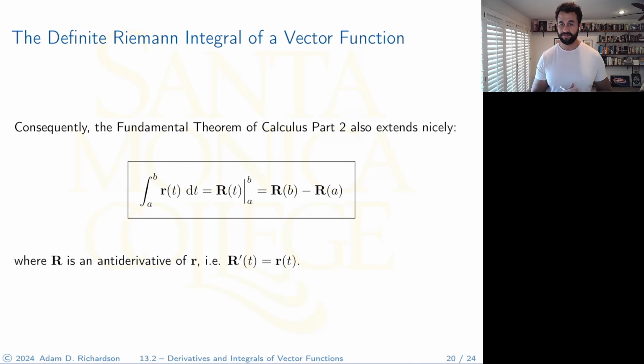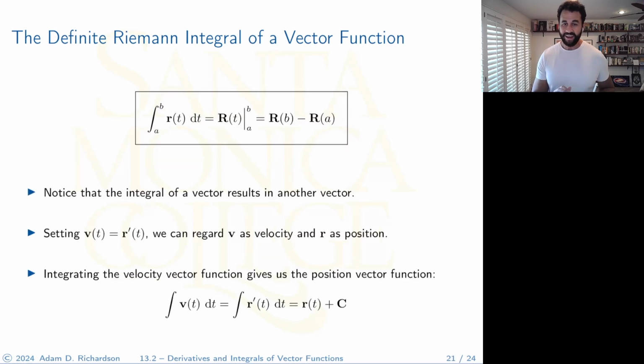So that still holds. How cool is that? Right? Oh yes, so some notes about this. One thing I want to point out is notice that the integral of a vector results in another vector. All right, so we're still in the realm of vectors here. If you integrate a vector, you end up with a vector as a result.